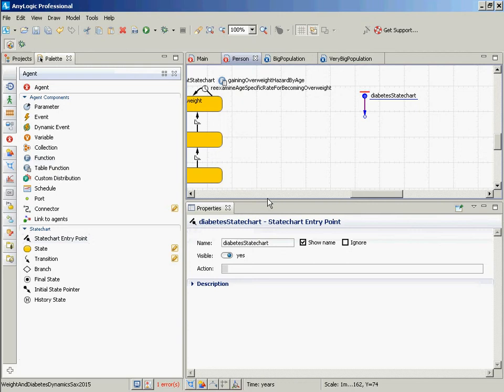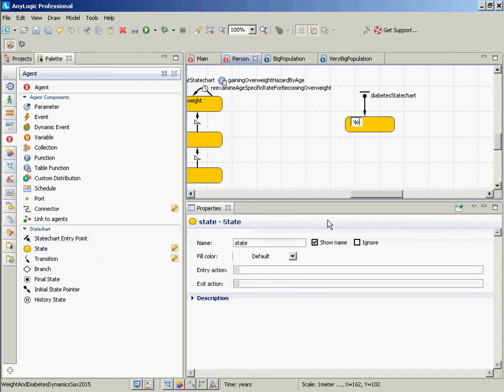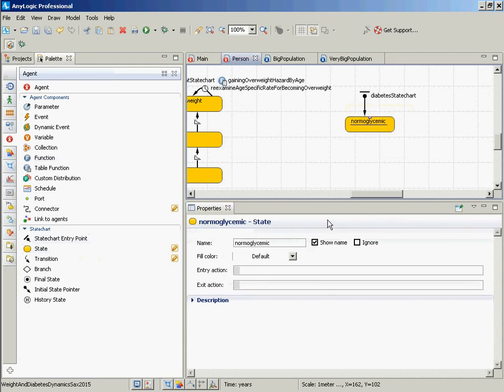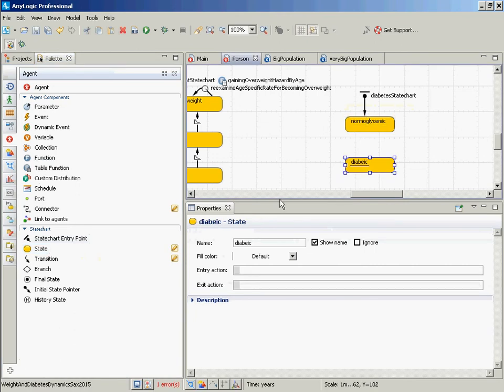We're going to add in some states here. So I'm going to add in a normal glycemic state. Here we go, normoglycemic. Okay, and I'm going to keep it lowercase. So that's normal blood sugar levels, and then diabetic.